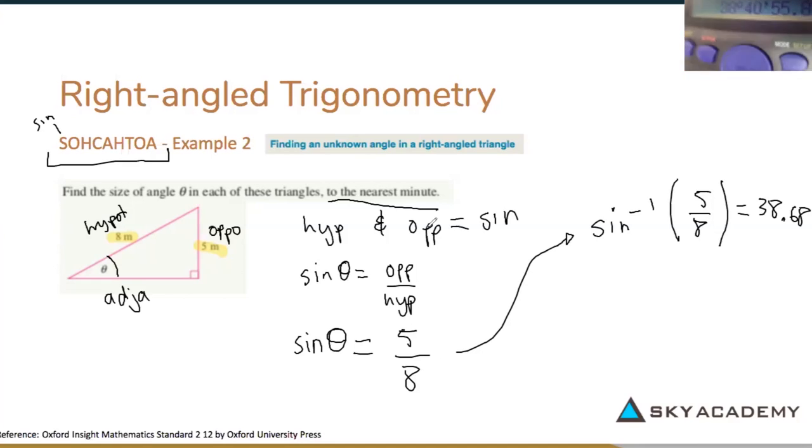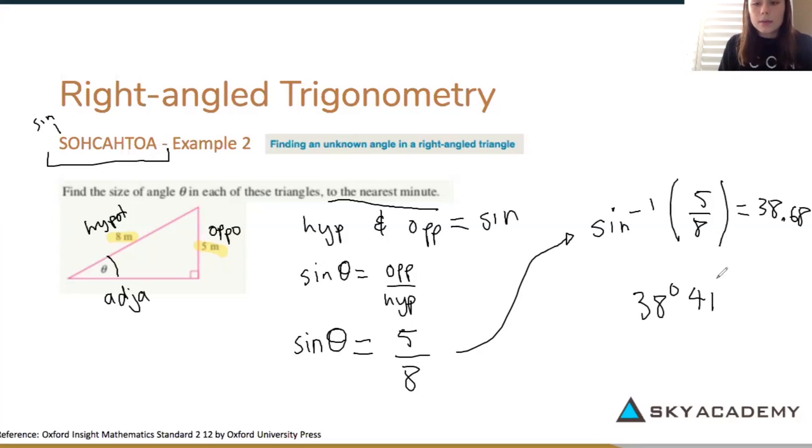And so I have now 38 degrees and 41 minutes, because I have to round up. If it's 55 seconds here, I have to round up because 55 is over halfway. Halfway seconds is 30. So it's above 30, you round up to 41.